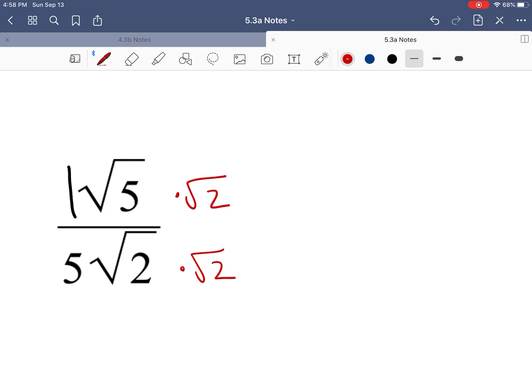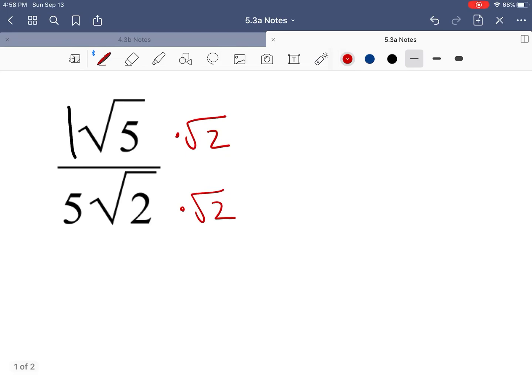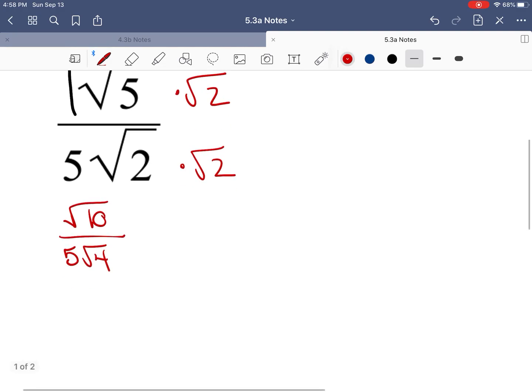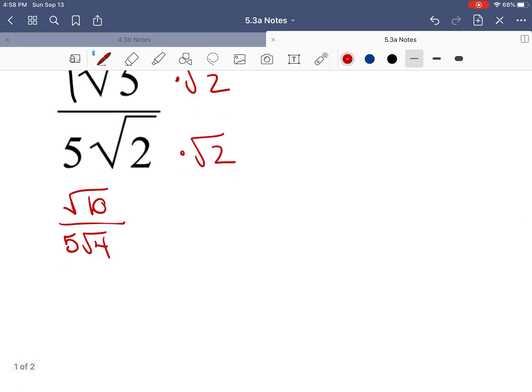When we multiply, we multiply coefficients with coefficients and radicals with radicals. There's a 1 there; I wrote it in, but normally it might be invisible. So we'd be left with root of 10 over 5 root of 4. From here, we simplify wherever we can.